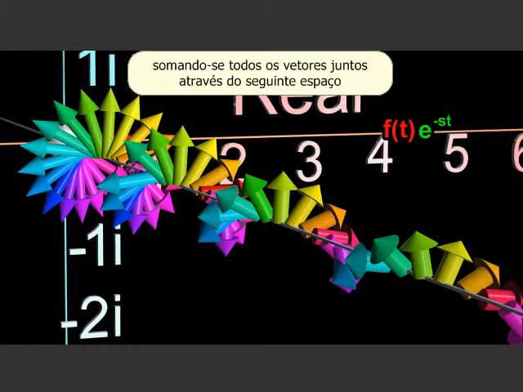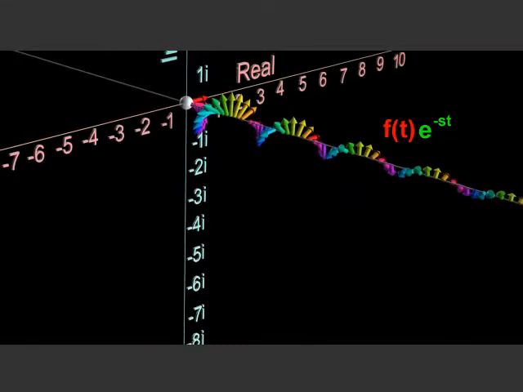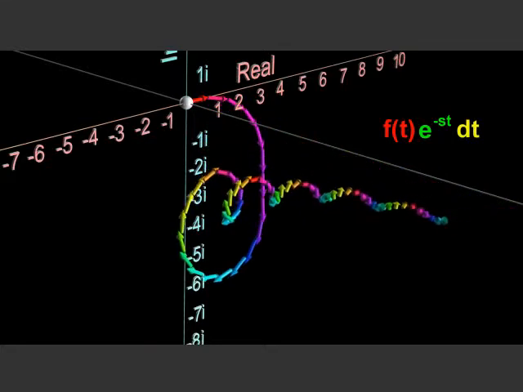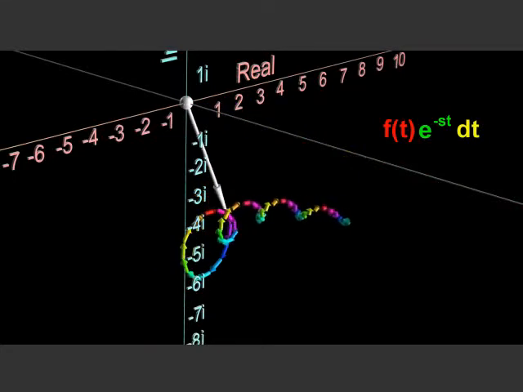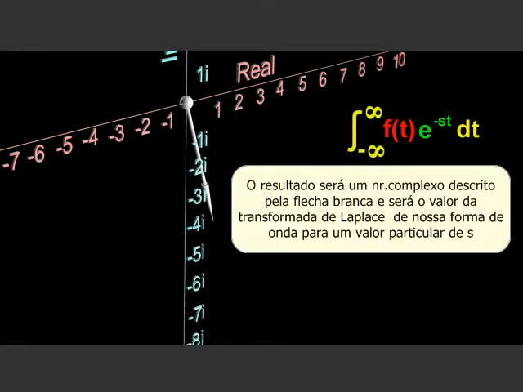Add all the arrows together through the following equation. The result is a complex number described by the white arrow, and this is the value of the Laplace transform of our waveform for this particular value of s.